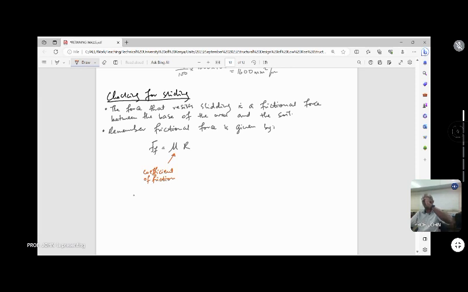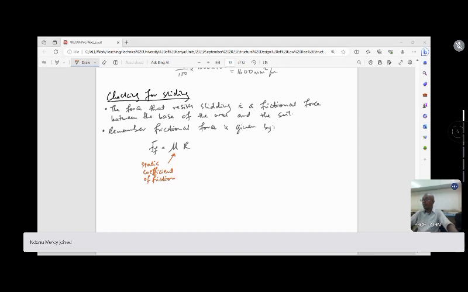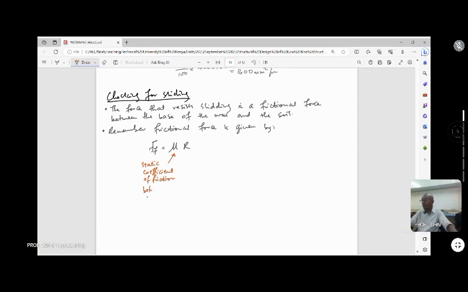It's actually the static coefficient of friction. There is static and dynamic, because even as the wall is sliding, there's still some friction, but that friction is usually a bit lower than the friction that you need to overcome for the wall to start moving. It's referred to as static friction between the base and the soil.